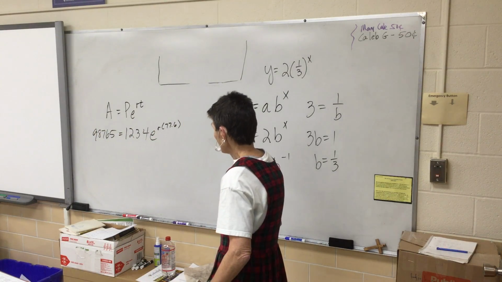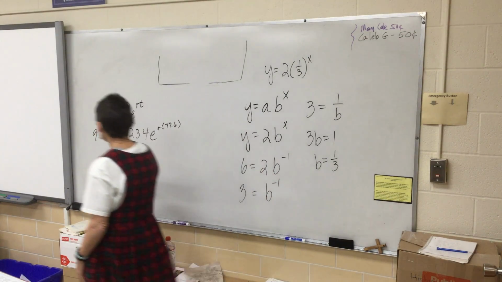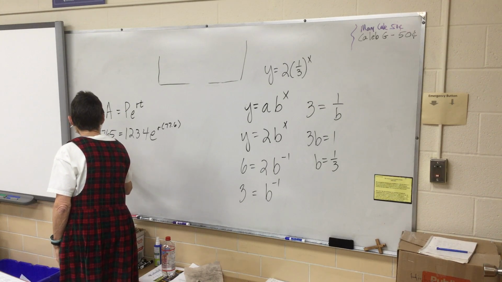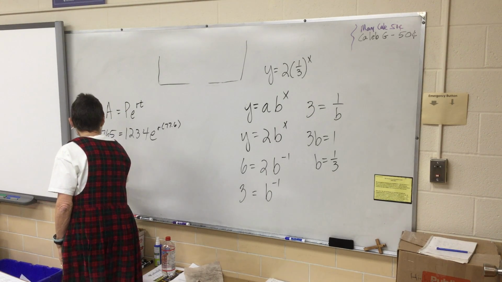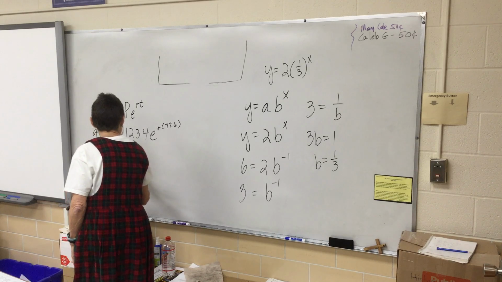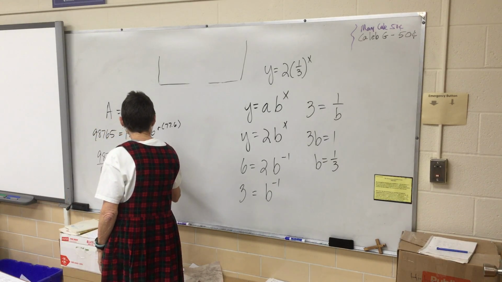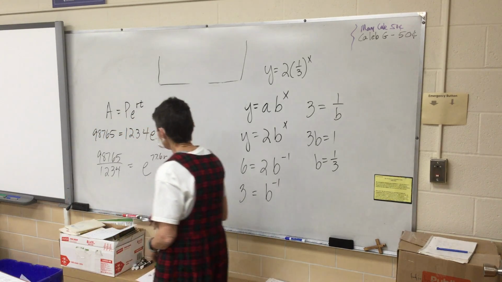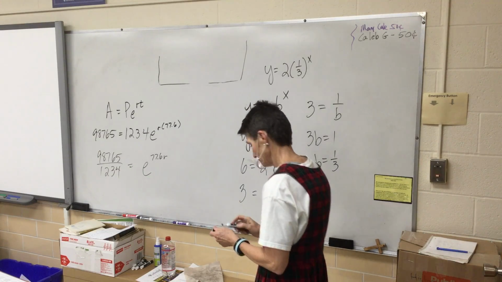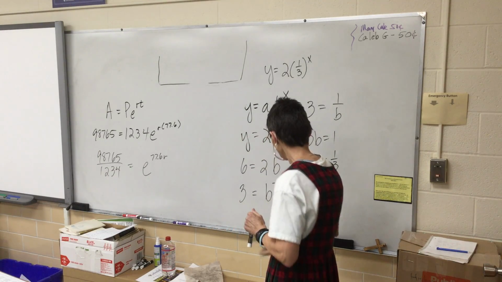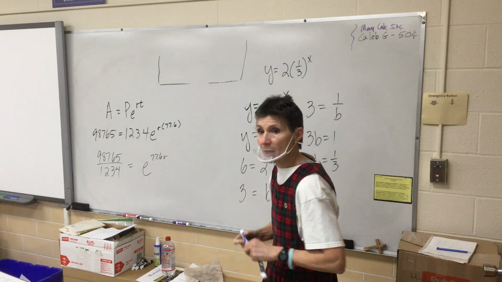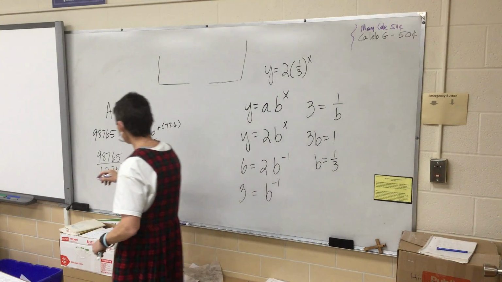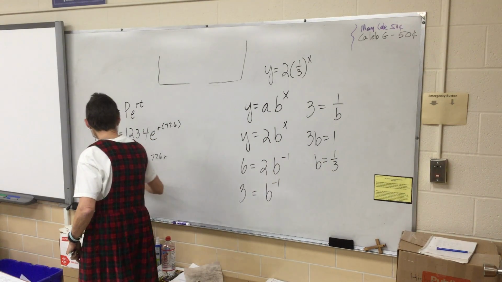So the first thing you're going to do is divide 98,765 by 1,234. Take ln of each side. I heard somebody say that. We're going to take the logarithm of both sides, and we'll use natural logarithms.